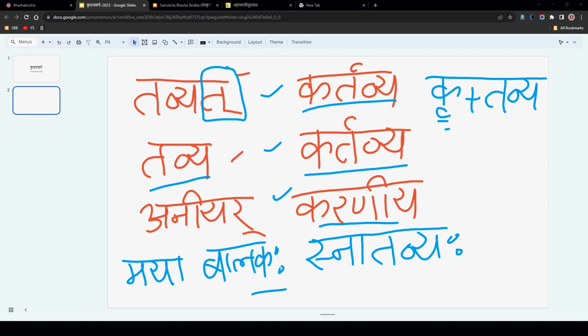One is they are used in the Karmani sense, and in the sense of that act denoted by that dhatu to be done, and the third thing is they are used as a Visheshanam. These are the three things about Tavyat, Tavya, Aneeyar pratyayas. These are the general rules. Now there are some exceptions for this which we'll see later.